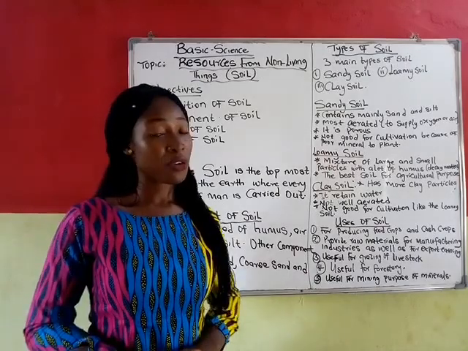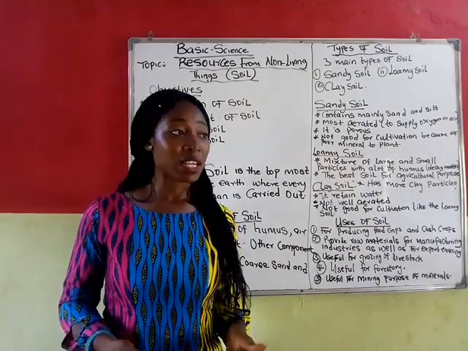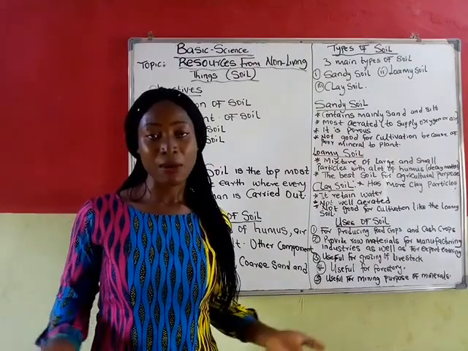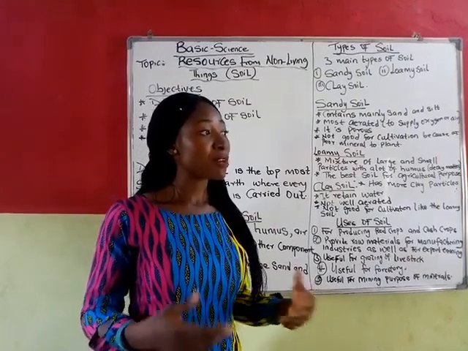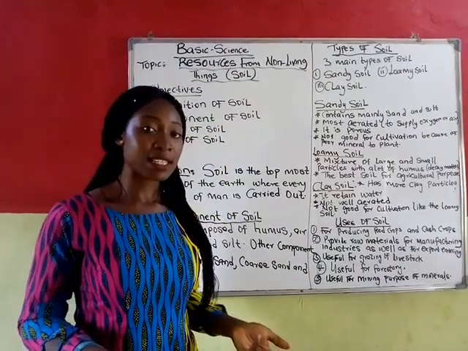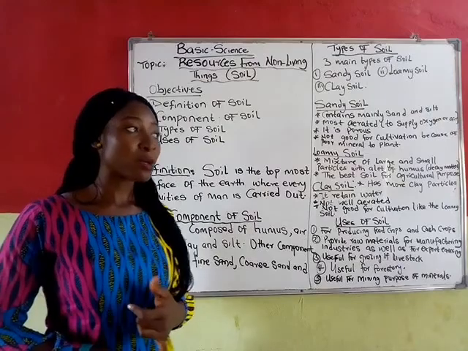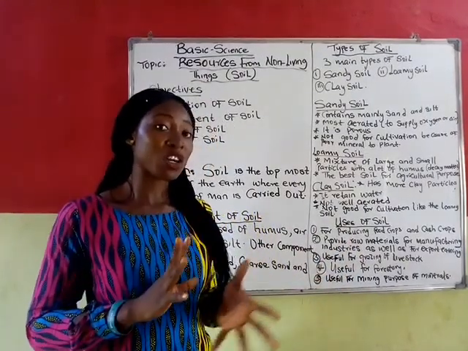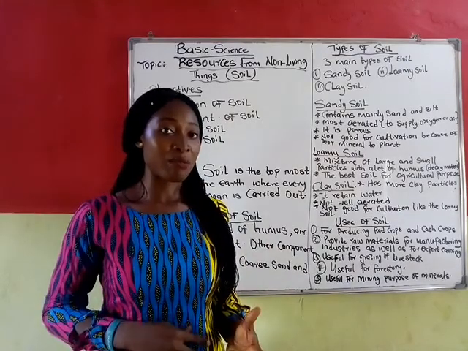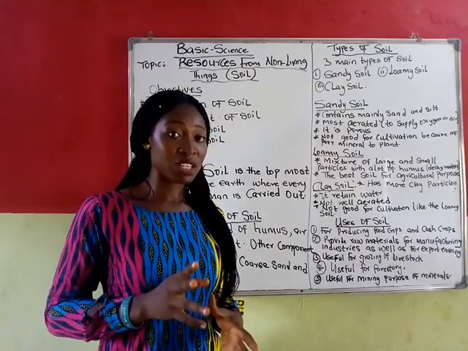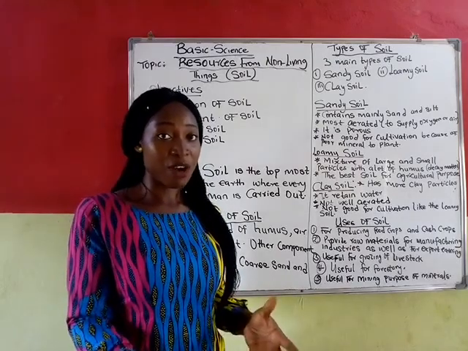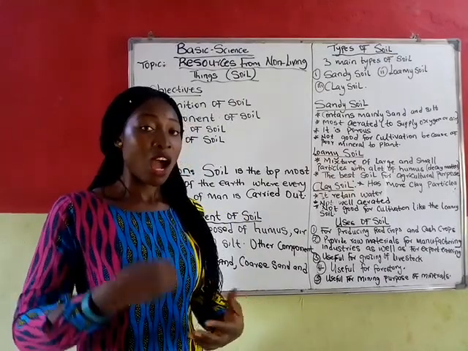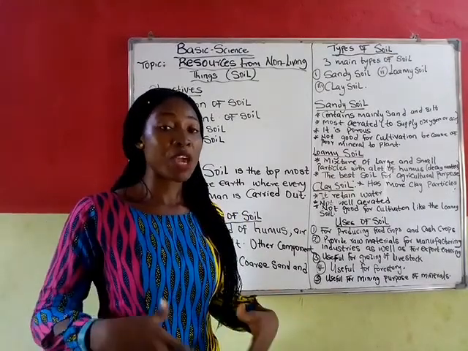It is also useful for forestry. Forestry is the act of planting trees on a particular piece of land or in an area. The purpose of planting these trees is not just for planting's sake, but one, to create a balance in the environment in terms of exchange of oxygen between plants and animals, because plants release oxygen to the environment, which we as humans and animals take in, and we release carbon that the plant also makes use of.